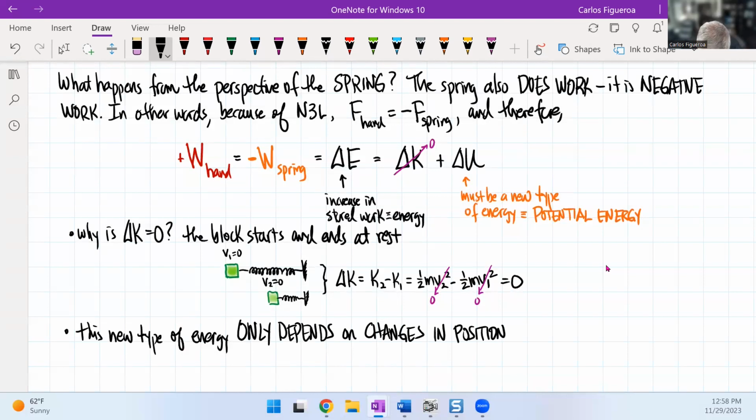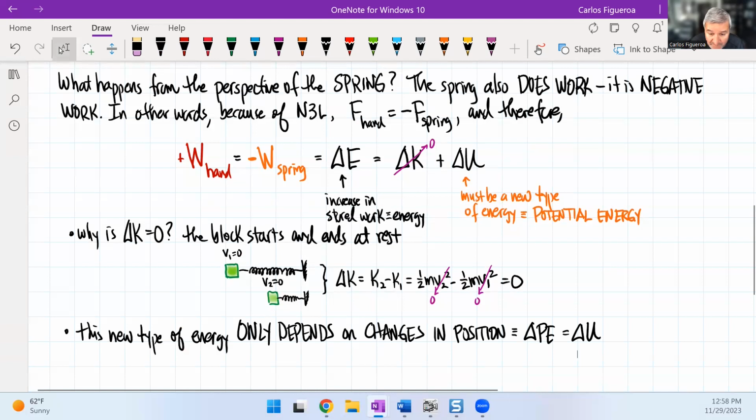And that, by definition, is the change in potential energy. Symbolically, we write that with the delta U. So we can say one more thing here.